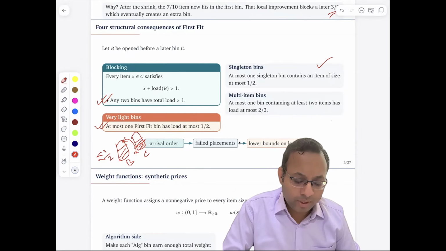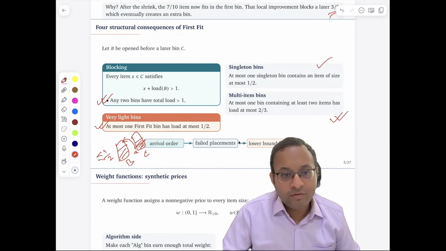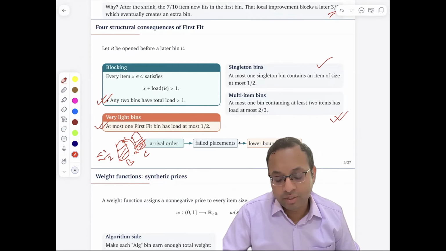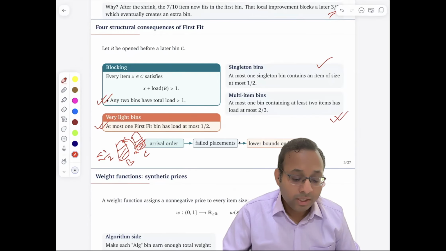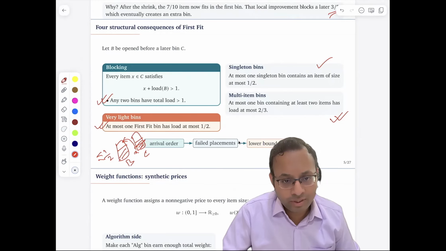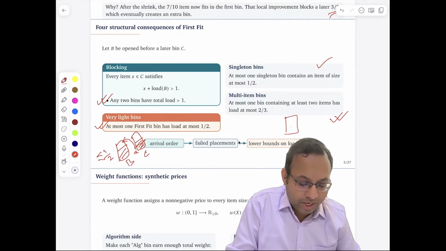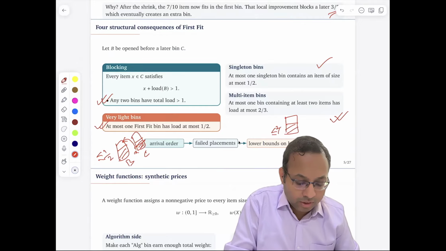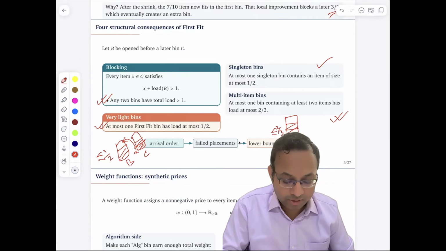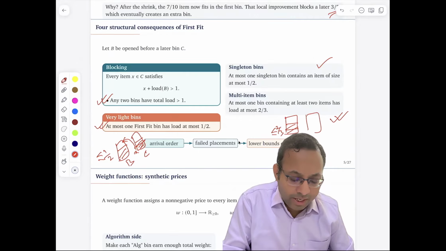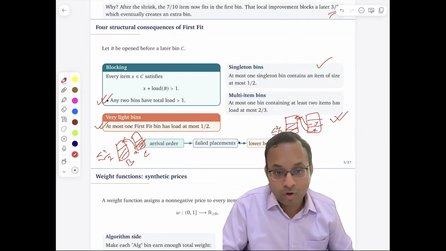And another interesting property is the multi-item bin property. If we consider those bins which have at least 2 items, their load is at least 2/3 except for one bin. For example, say one particular multi-item bin has load less than 2/3. Now, if I look at any other multi-item bin which has 2 items, let's say X and Y, we know that we tried to put X here and Y here and we were not able to do it.